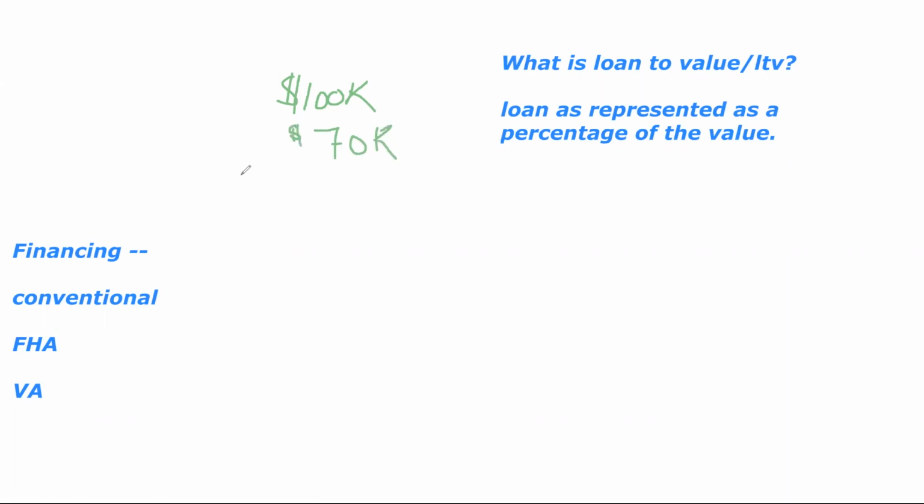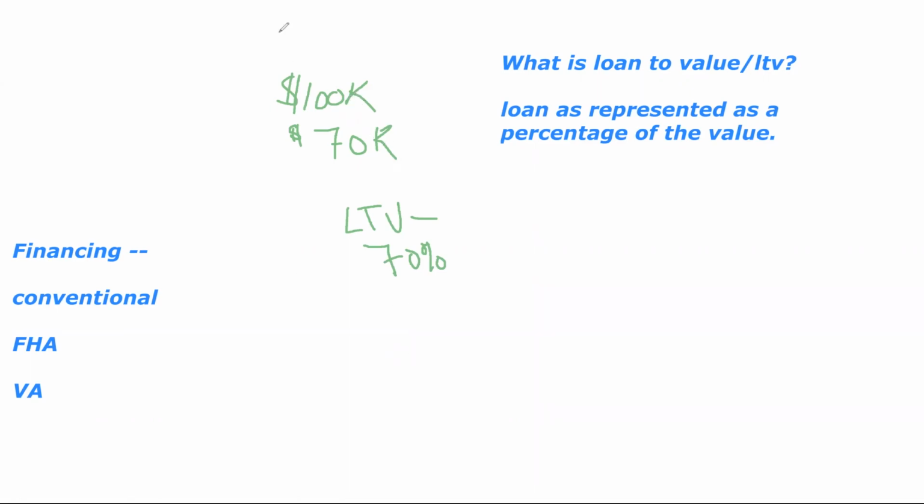Then what would happen is we would say my LTV, or loan to value percentage, is 70%. You see how Stu worked with some real simple numbers there so we could do some math in our head? Okay. So basically it is the loan as represented as a percentage of the value.